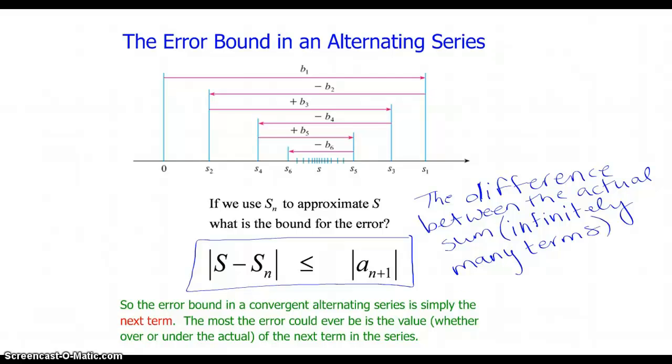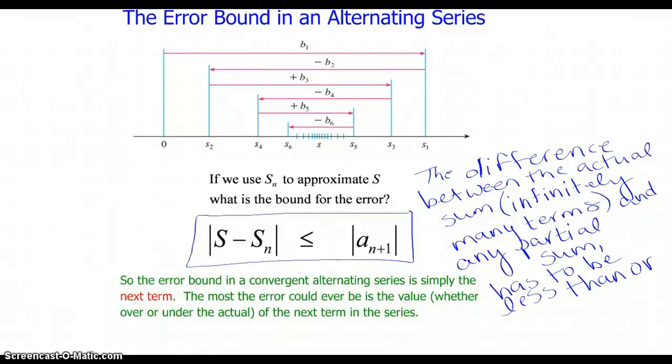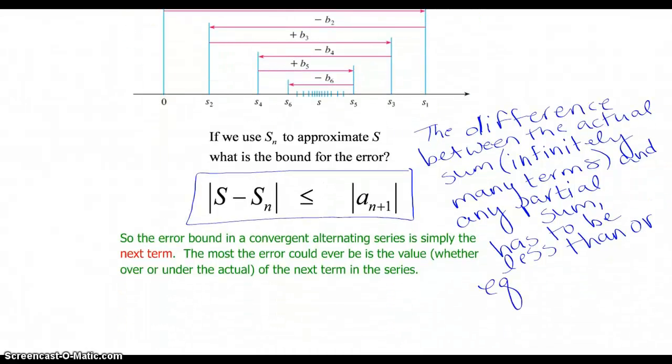That's an infinite series. So the difference between the actual sum and any partial sum, we call partial sums S sub n, has to be less than or equal to the next term.